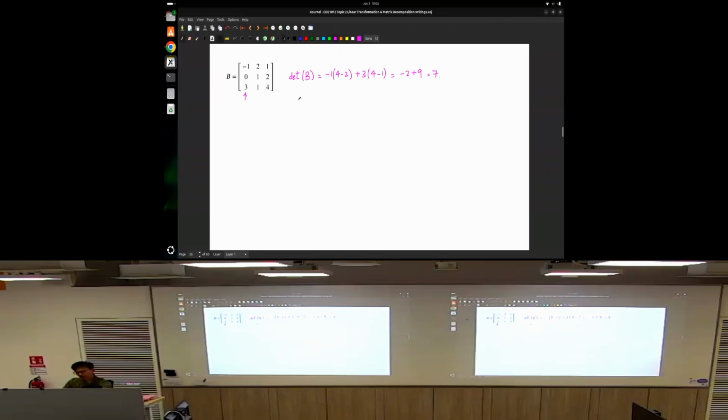So now you need to get the adjoint of matrix B. For the adjoint of matrix B, you get the cofactor first. Cofactor matrix of B, right? Remember, I'm just going to make the cross multiplication first, then I put minus. So this will be 1 times 4, so this will be a 4 minus 2.